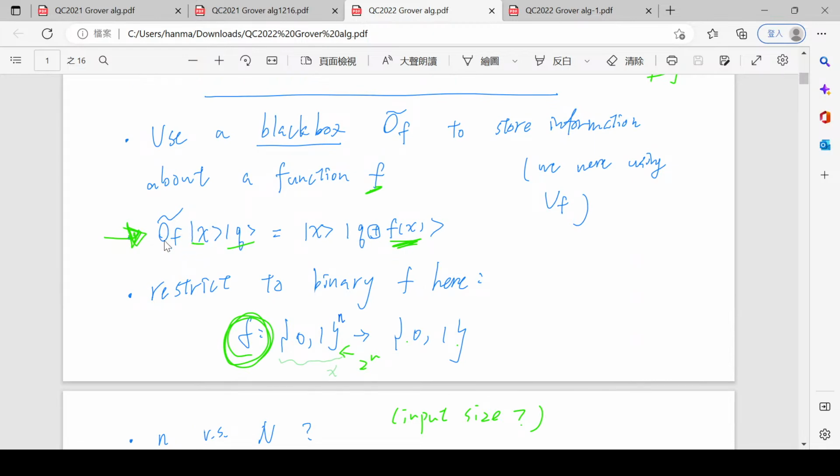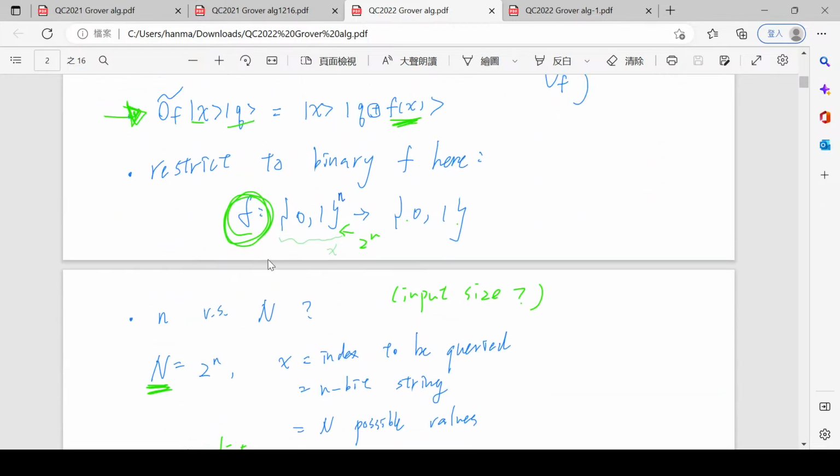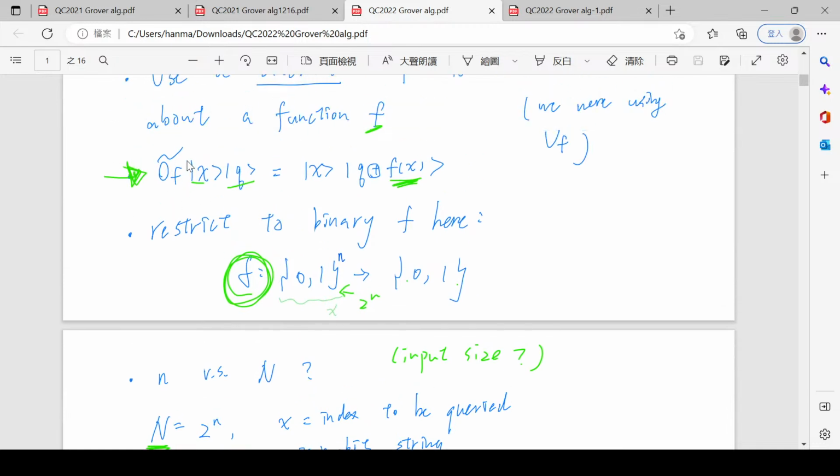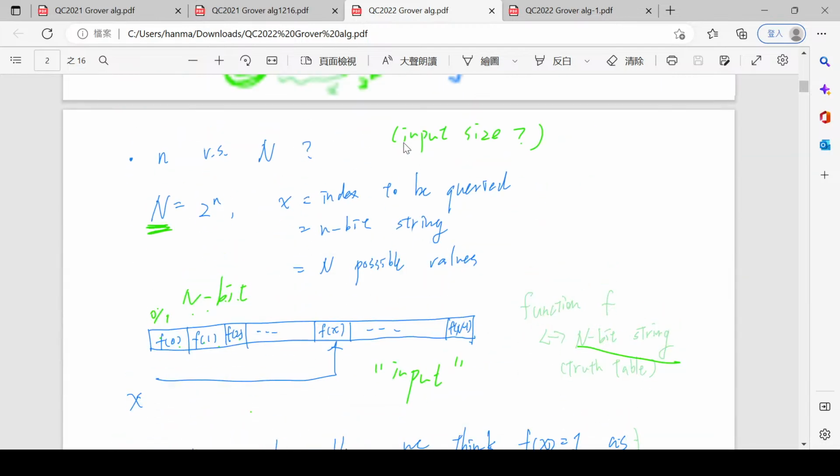So you can have this O_f corresponding to this f, and you apply this O_f on a computational basis state, say |x, q>. Then this x register is like the input to f, so it will stay as x. And then the second register will record the answer here. So it becomes |x, q ⊕ f(x)>. This is the way you can get f(x).